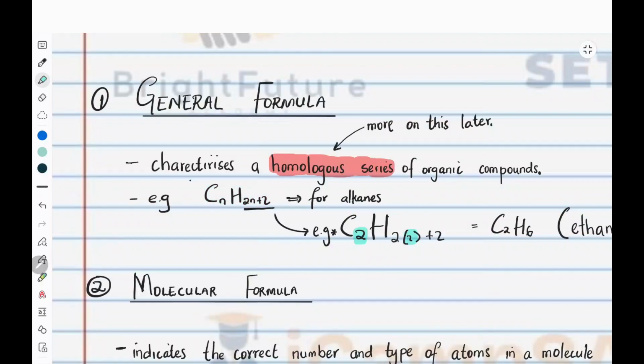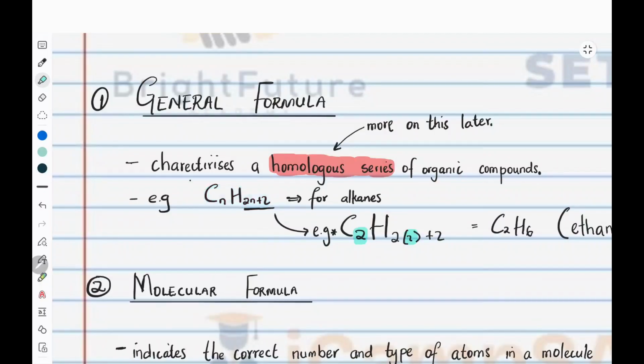For instance, we made an example with alkanes, which we'll learn about very soon. If you go to all alkanes and you want to know how many hydrogen atoms an alkane that has 2 carbon atoms will have, you would just plug it into this formula, and you'll be able to predict how many hydrogen atoms that alkane will have, because they all behave in this manner. They all follow this manner in how they form their bonds and how they form their molecules.